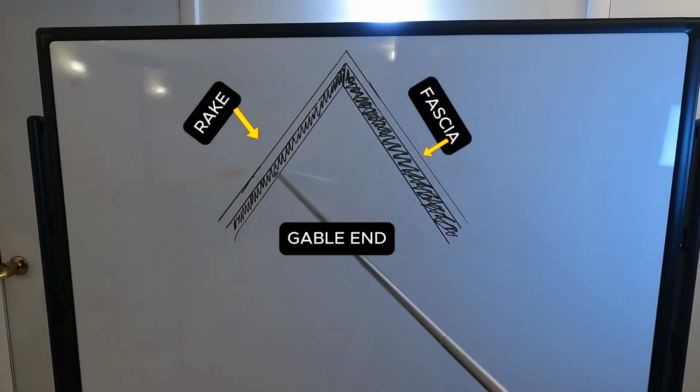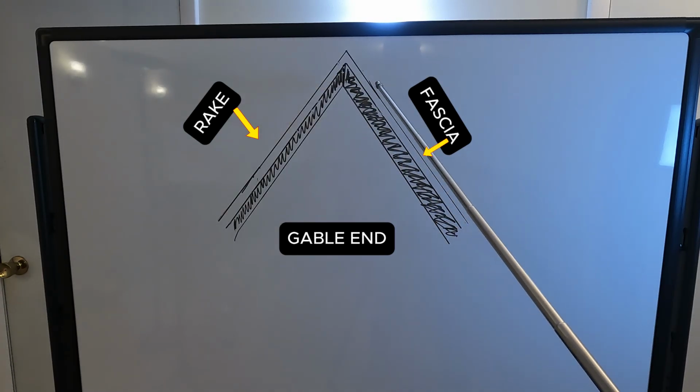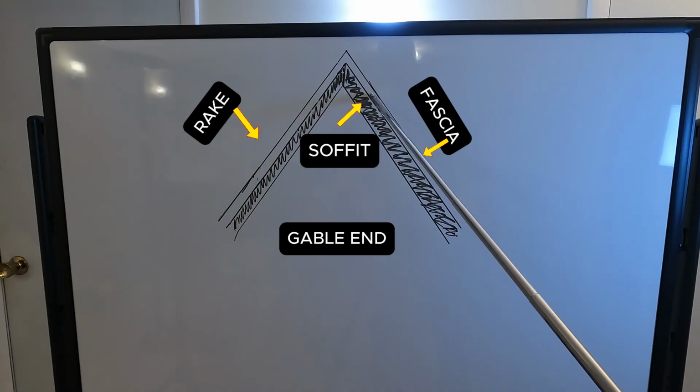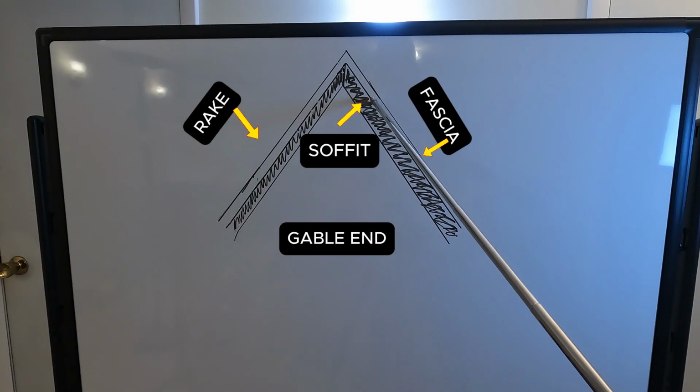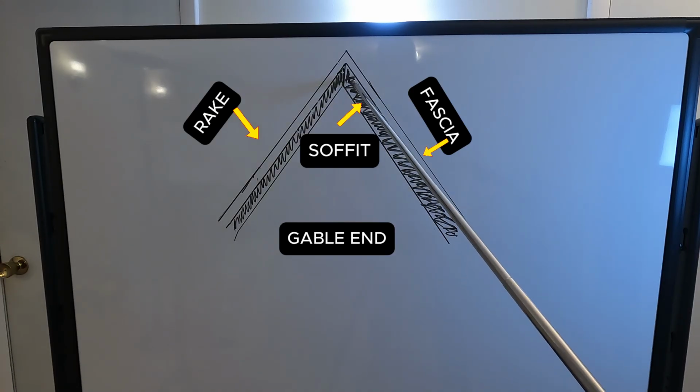But this shaded in piece right here is supposed to represent kind of the underside of your roof where it meets the siding. So if this is your fascia, this would be underneath it, and that's called your soffit.